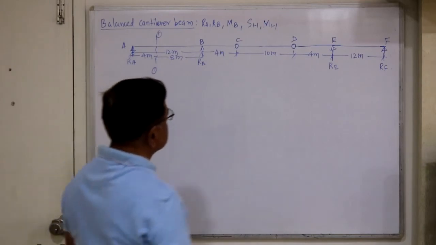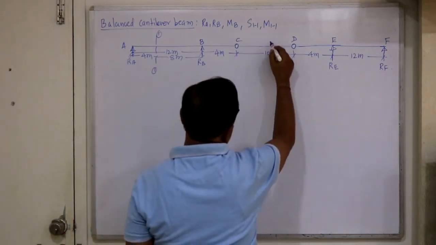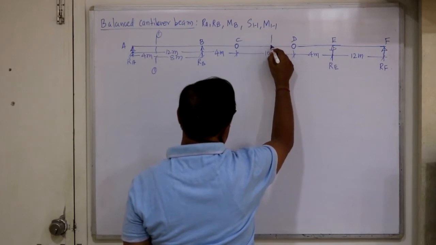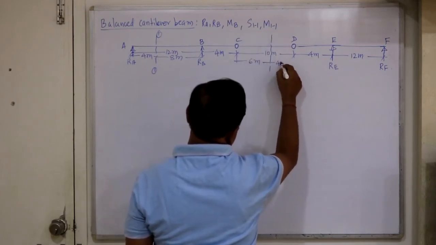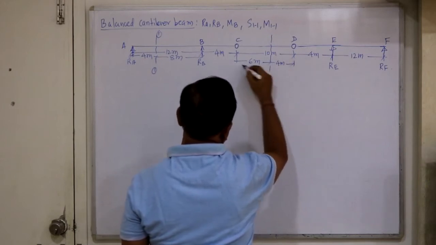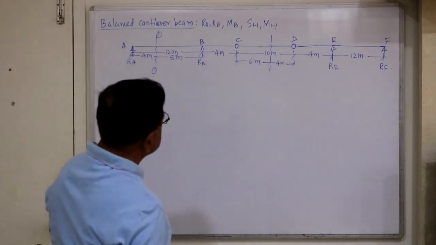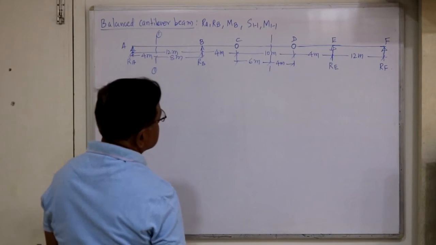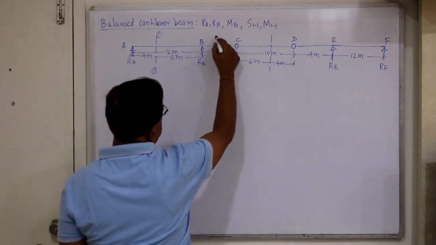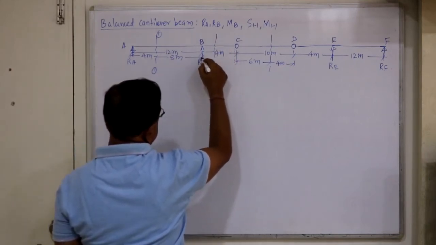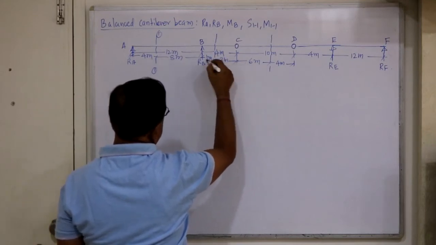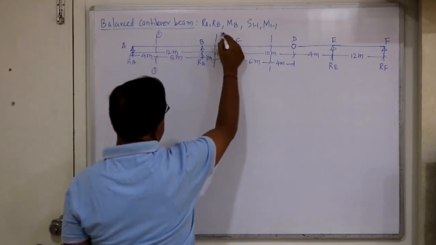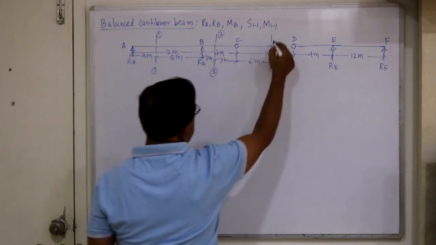Then you take a section here, say 6 meter and 4 meter. One more section we can take, say here, at a distance of 1 meter and 3 meter. So this is section 2, section 3.